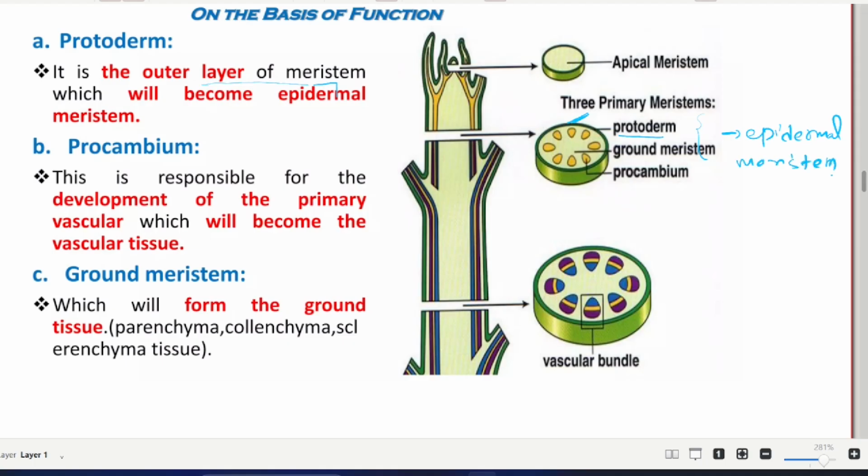That is, it gives rise to structures like epidermal hair, cuticle, etc. Talking about the procambium, it is responsible for the development of primary vascular tissue, that is xylem and phloem. And talking about the ground meristem, it will form the ground tissues that include the pith, cortex, etc., formed from parenchymatous cells, collenchymatous cells, or sclerenchymatous tissues.